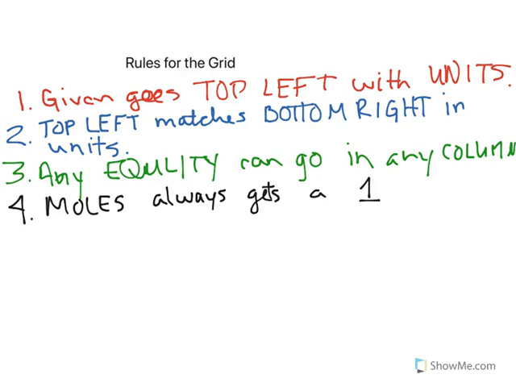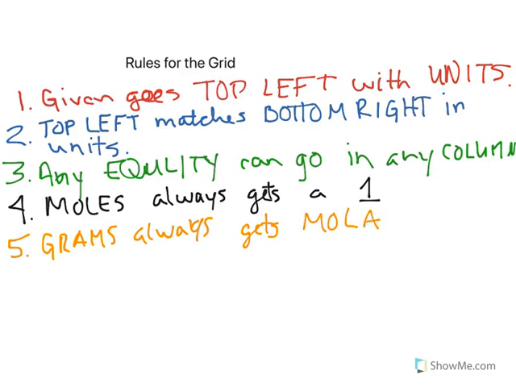But for now, moles is always going to get a 1. And then rule number 5 is grams always gets molar mass. Okay, so these are our 5 rules for the grid.